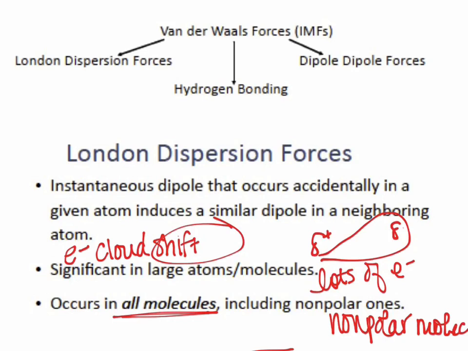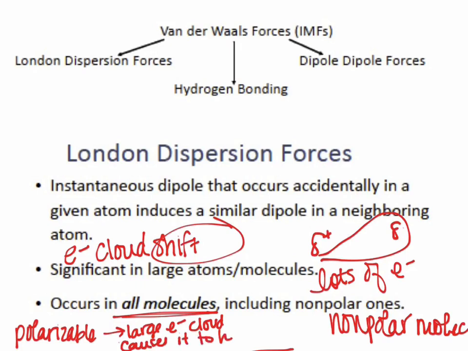So what we say about these atoms is that they are polarizable, which means their large electron cloud causes them to have strong intermolecular forces.